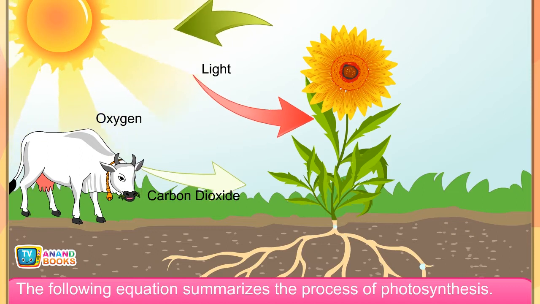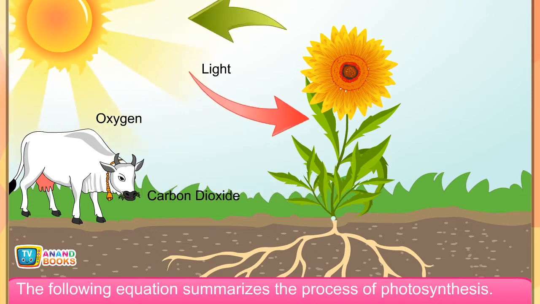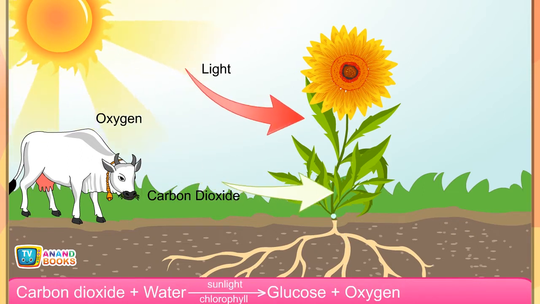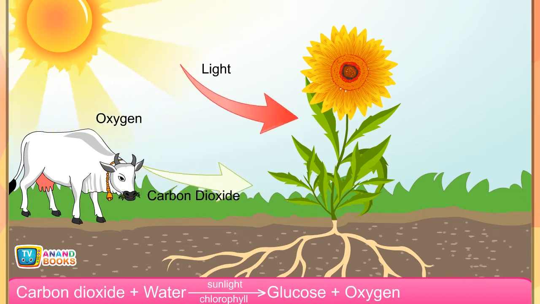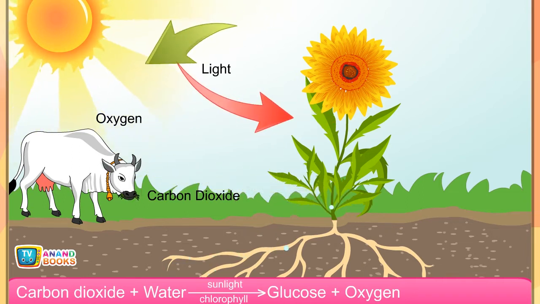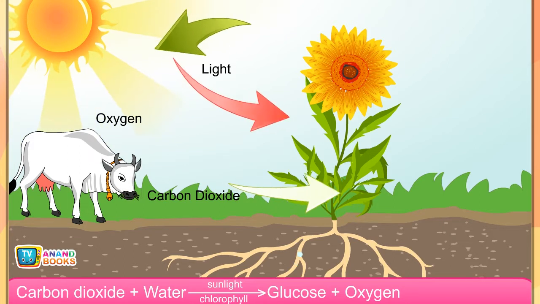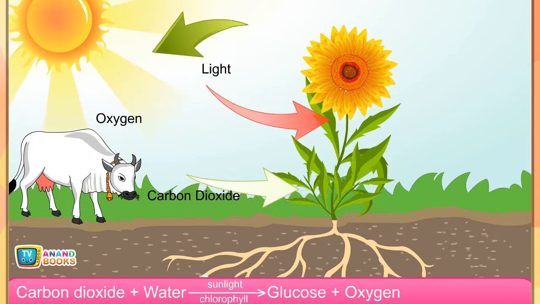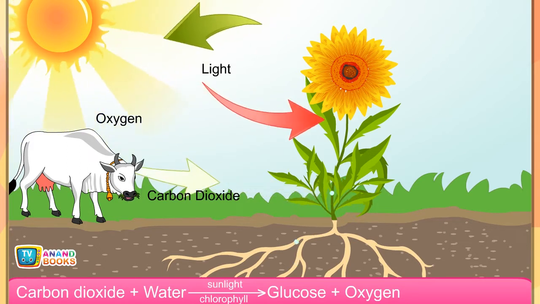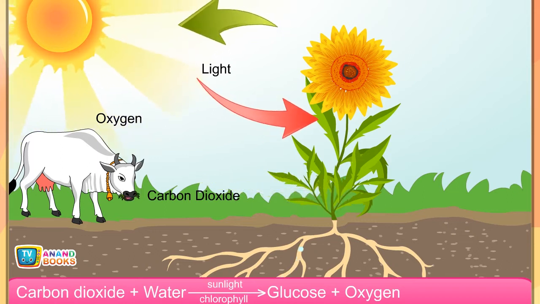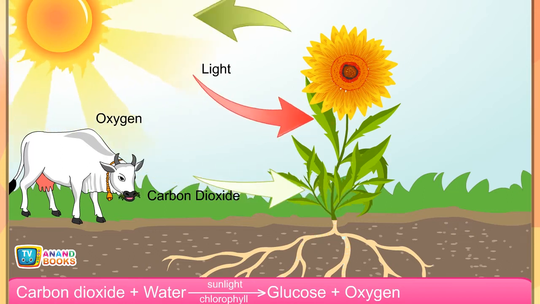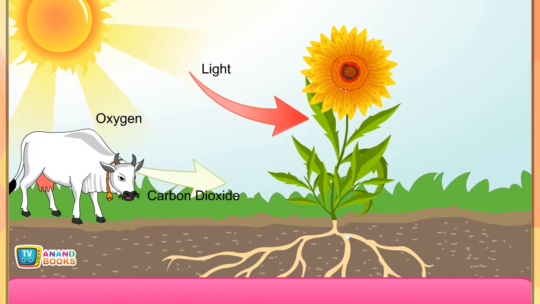The following equation summarizes the process of photosynthesis. Carbon dioxide plus water, with sunlight and chlorophyll, gives glucose plus oxygen. Glucose plus oxygen gives carbon dioxide plus water plus energy.